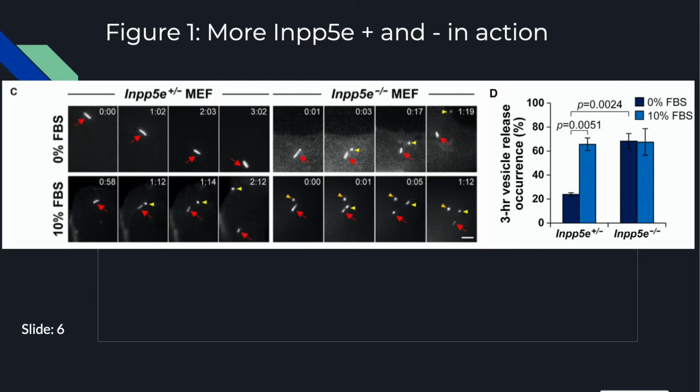Knowing that loss of function in INPP5E has been shown to accelerate cilia disassembly in mice, researchers compared loss of function mutant and non-mutant INPP5E mouse fibroblasts.